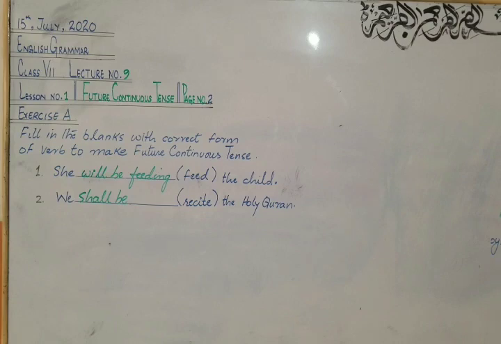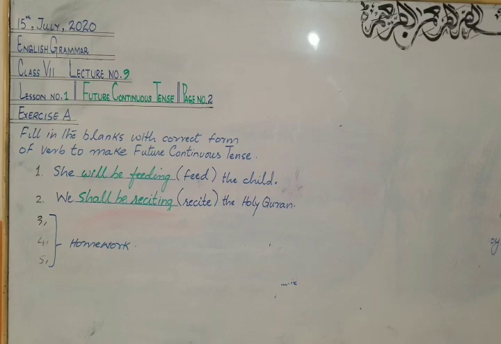Recite, and the present participle form of recite is reciting, तो हम यहाँ लिखेंगे reciting. Yes, we shall be reciting the Holy Quran. Okay. Three, four, five are your homework.